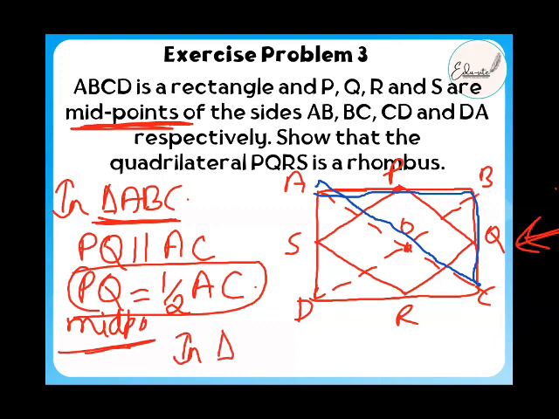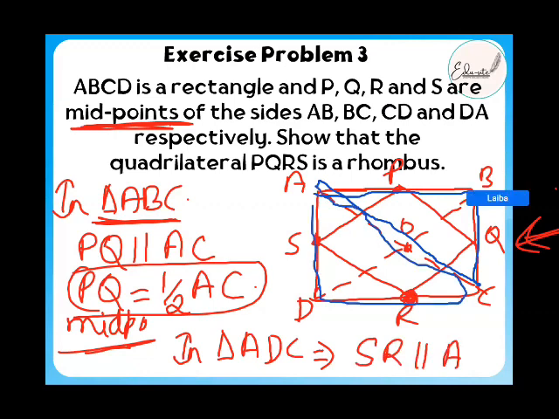In triangle ABC, that is done. Now ADC. Where is ADC, Laiba? Consider the triangle ADC. In the triangle ADC, S and R are the midpoints, right? If S and R are the midpoints, then SR is parallel to AC.